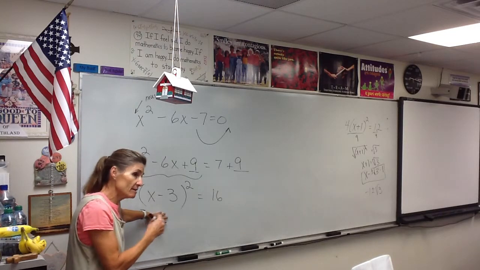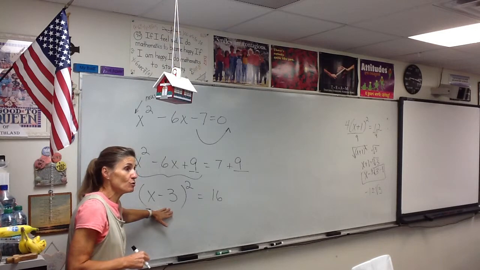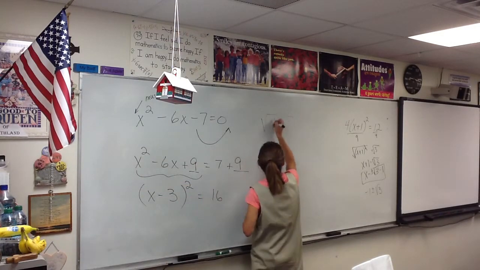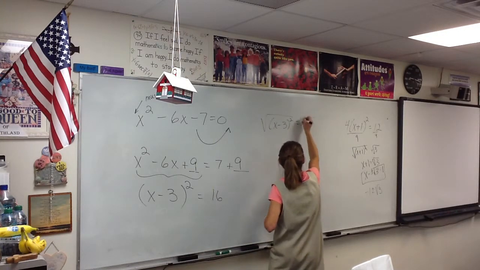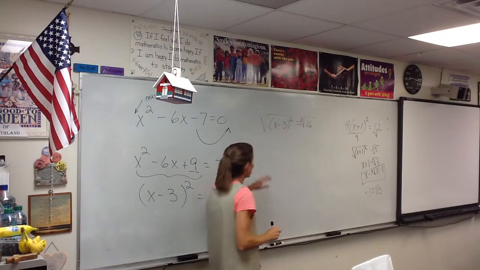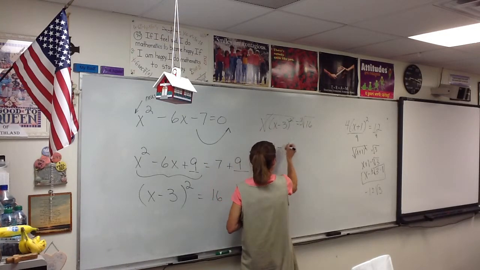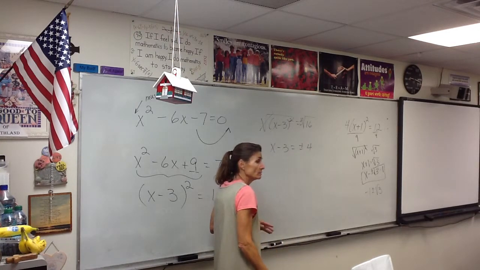This is exactly the same thing now at this point. So what am I going to do you think? I'm going to square root both sides. And what happens when I square root (x minus 3) squared? It's x minus 3 equal to plus or minus 4. Yeah.